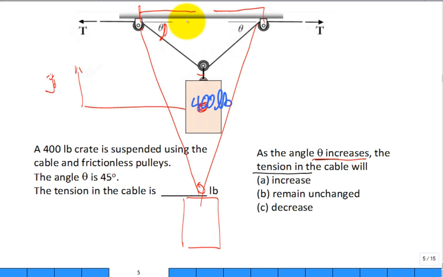As theta increases, we now know that the crate goes down. You better have a long cable, or you could view it as the pulleys on the top getting closer and closer together. Both of those conceptually work. But I'd like to get closer to 100% correct in the class. Okay? So, same question. Go for it.